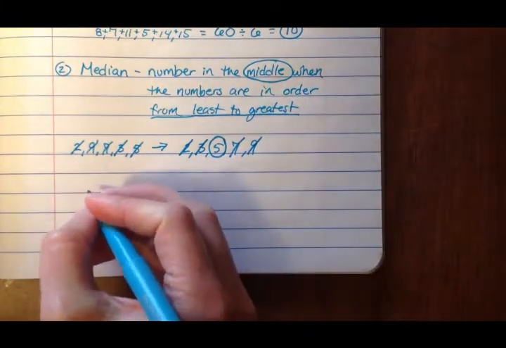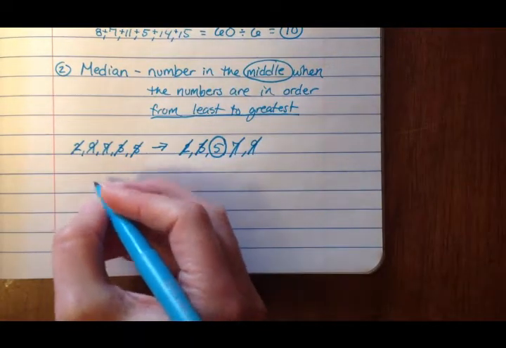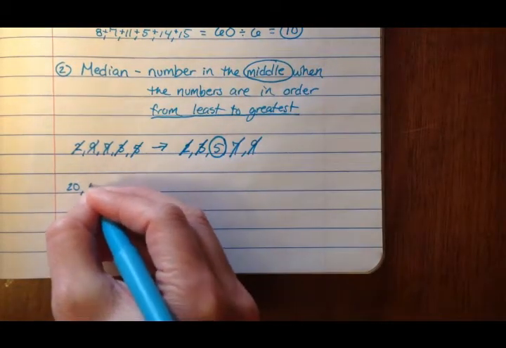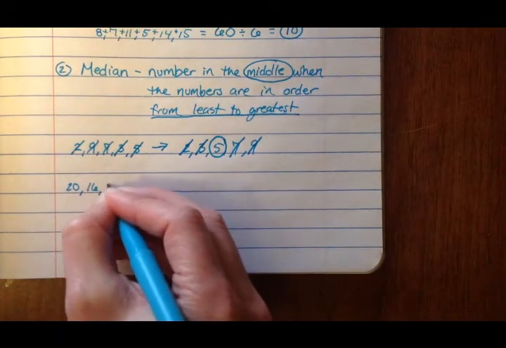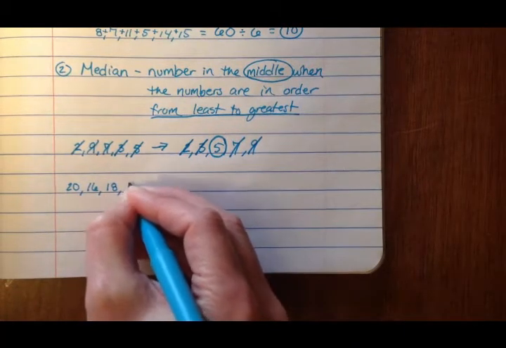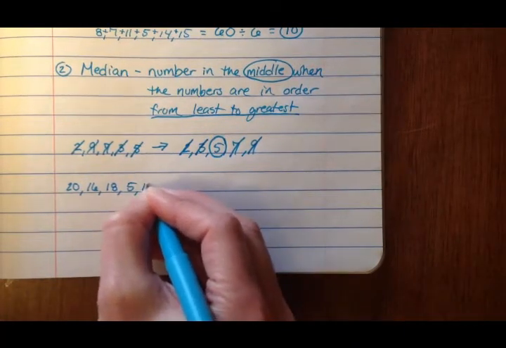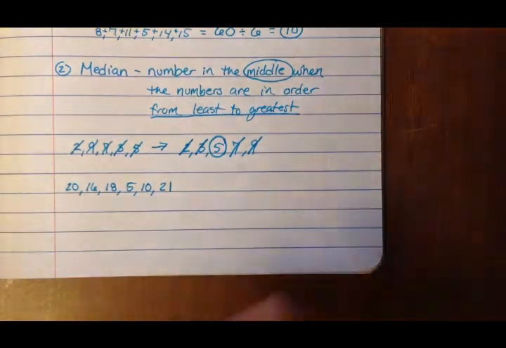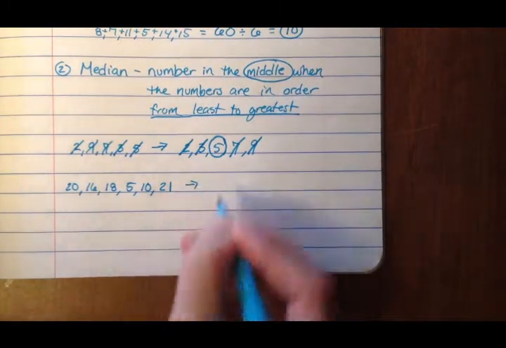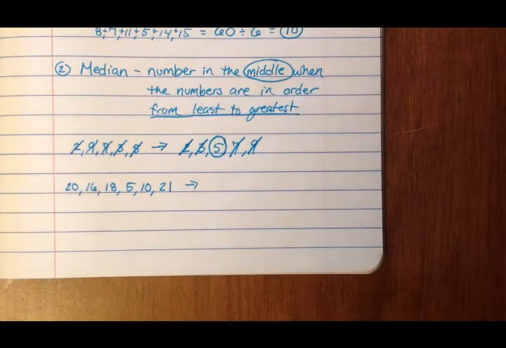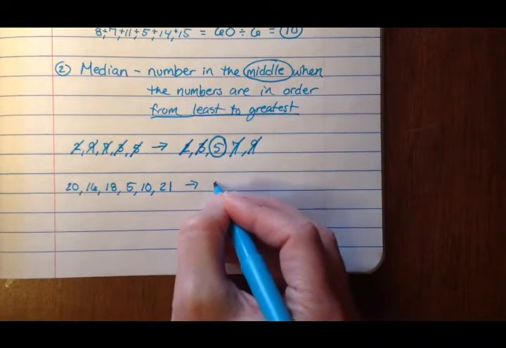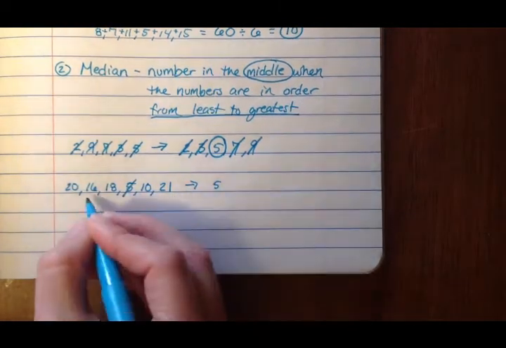So let's try another example of finding the median. Let's try this set: 20, 16, 18, 5, 10, and 21. All right, so remember what our first step is? First step is to put the numbers in order from least to greatest. 5 is the least.